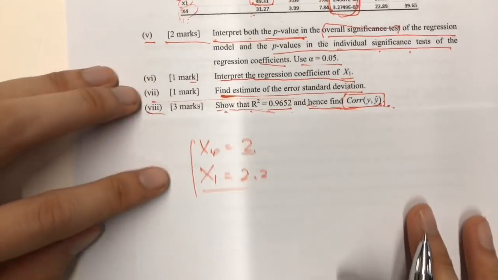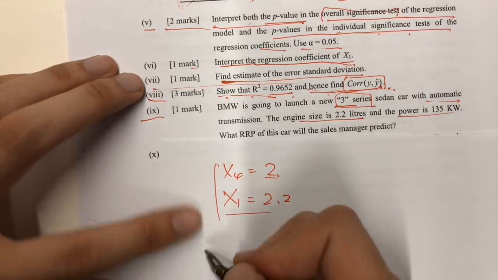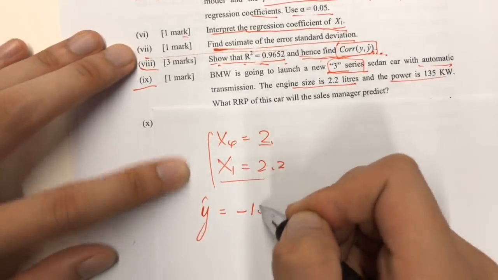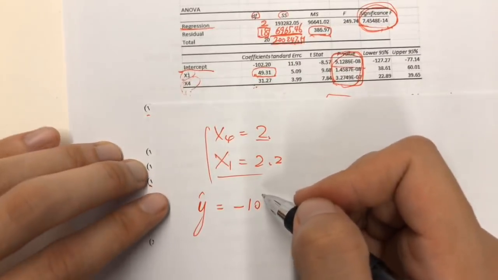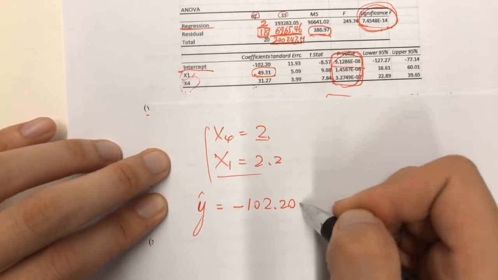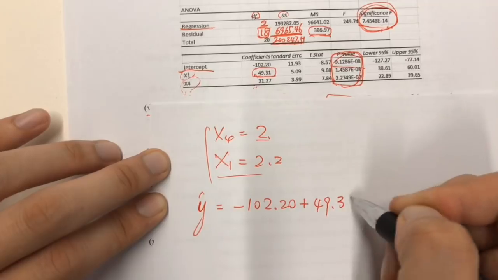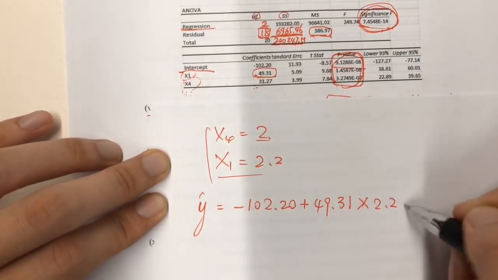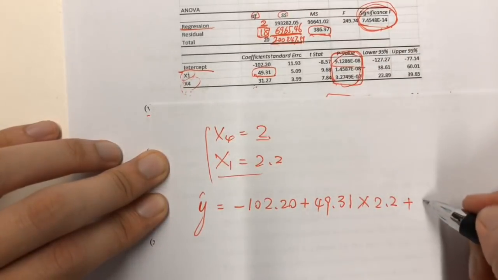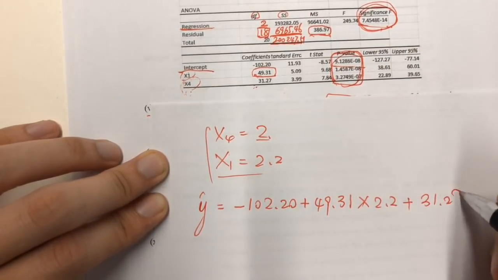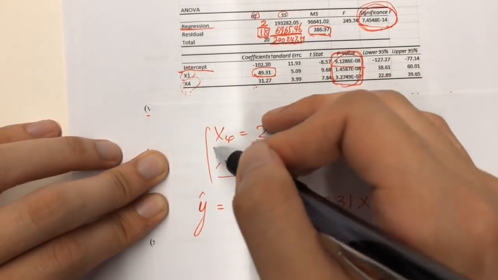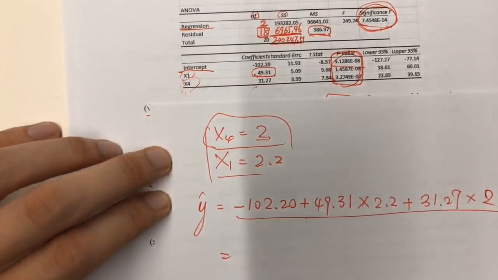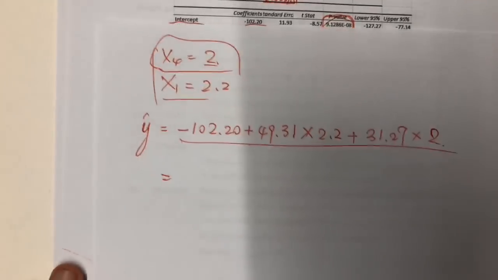So our prediction function should be y hat equals minus 102.20 plus 49.31, this is X1, so times 2.2, and then plus 31.27 times the series, which is 2. Okay, so we can quickly calculate this result.